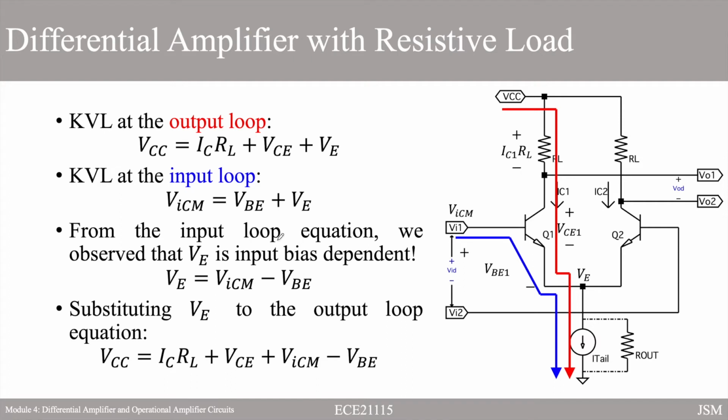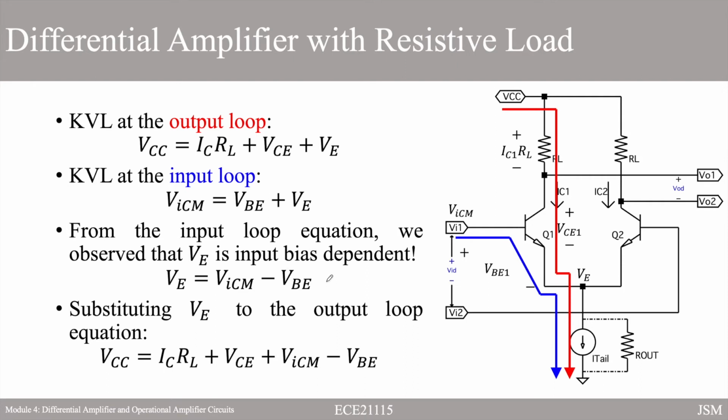So actually in our input loop equation, since VBE is almost constant, we see that the voltage VE is dependent on our Vicm, or the input common mode voltage, or the DC biasing voltage. So we get the equation of VE: VE is equal to Vicm minus VBE.